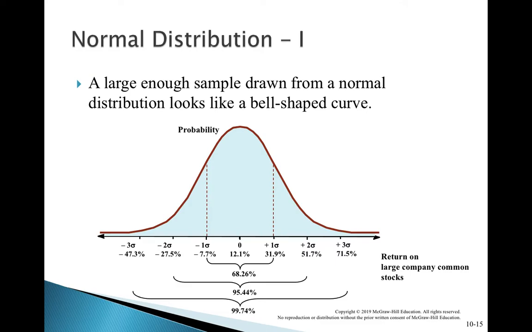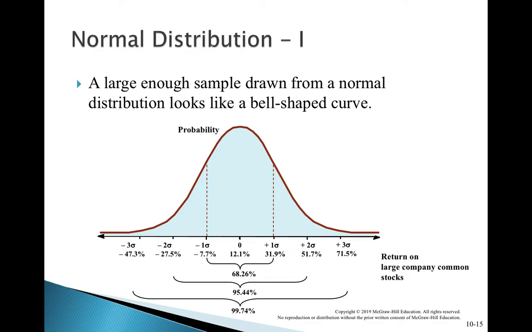That means it is a large enough sample, isn't it? Once you go with a large enough sample, definitely the sample will look like a bell-shaped curve. In that, the return is 12.1%.